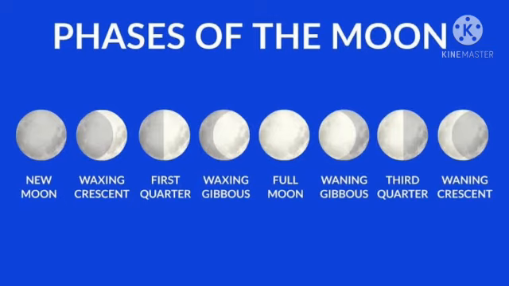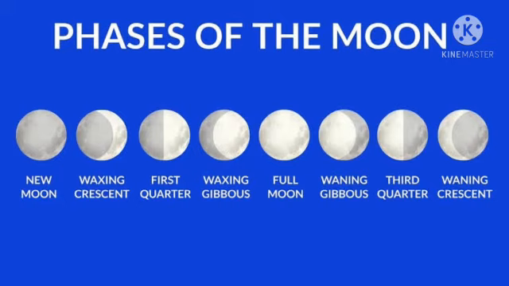Now, students, let us move on to the next part, that is, phases of the moon. Children, every day, if you observe the sky at night, you can see the moon has changed its shape. These different shapes are known as phases of the moon.